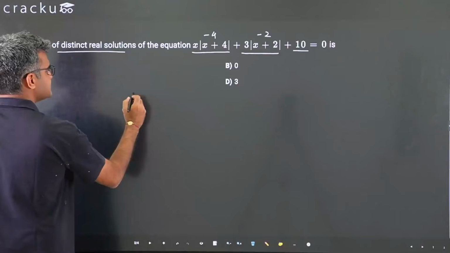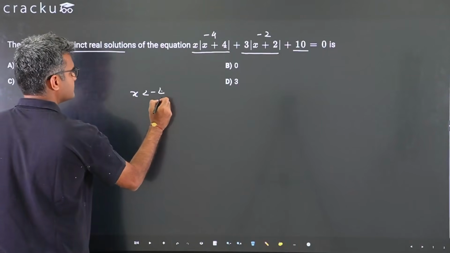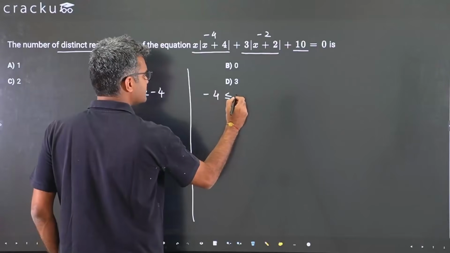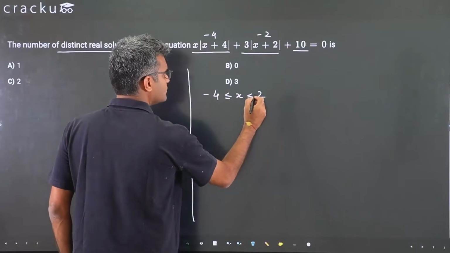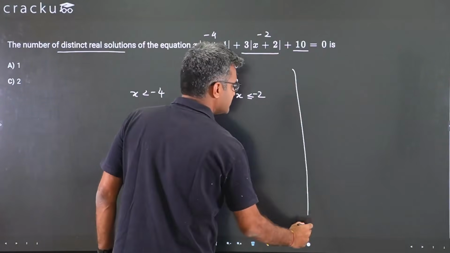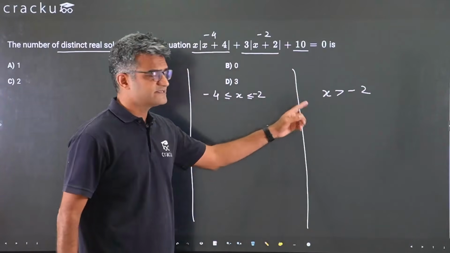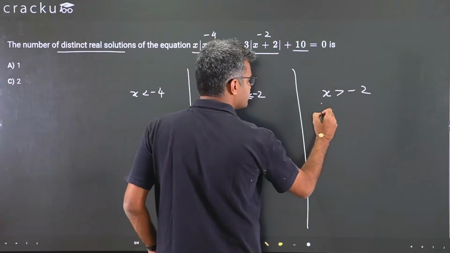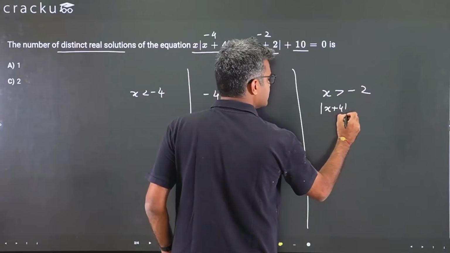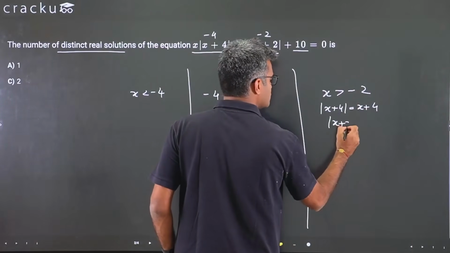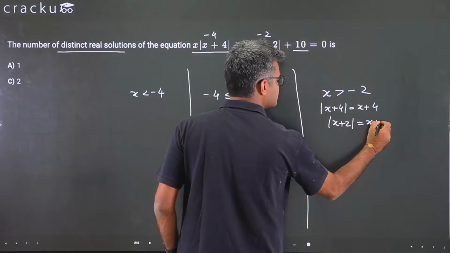The first case is x is less than minus 4. The second case is minus 4 is less than or equal to x is less than or equal to minus 2. And the last case is x is greater than minus 2. If x is greater than minus 2, modulus of x plus 4 is equal to x plus 4 and modulus of x plus 2 is equal to x plus 2.